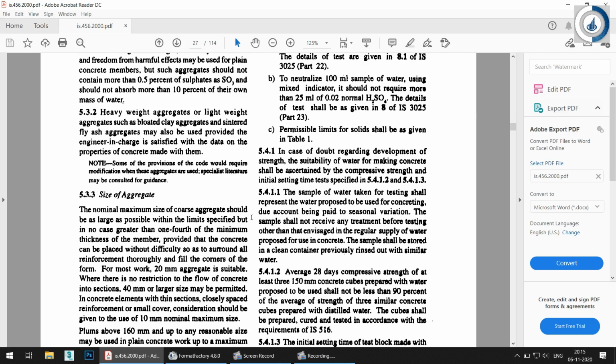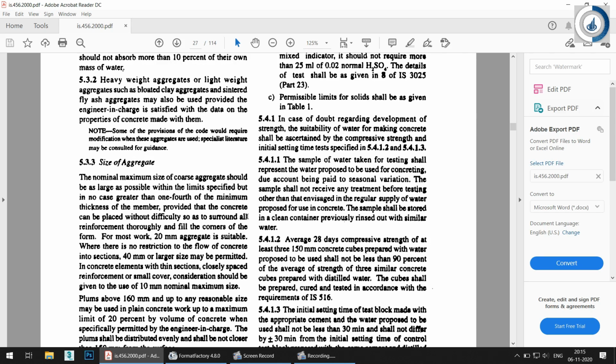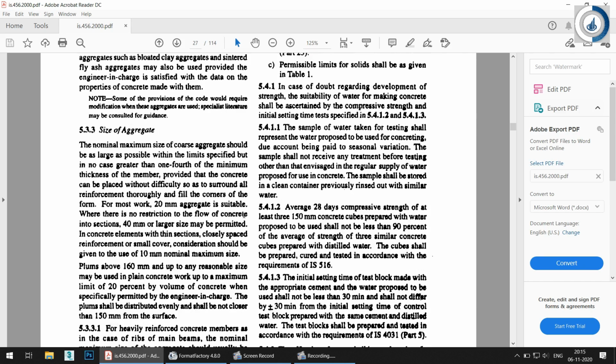And 5.4.1.2 says the average 28 days compressive strength of at least 3 150 mm concrete cubes prepared with the water proposed. So you have to produce at least 3 concrete cubes of your standard size, that is 150 mm into 150 mm into 150 mm, which you might have seen in your material testing lab also.